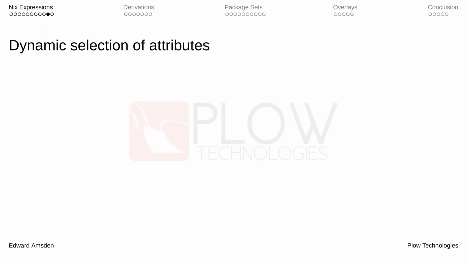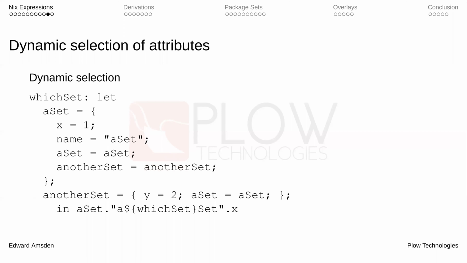So as inquired about, you can actually dynamically select attributes from a set. Attribute names are just strings, so you can dot any string expression, and in particular you can quote into a string.